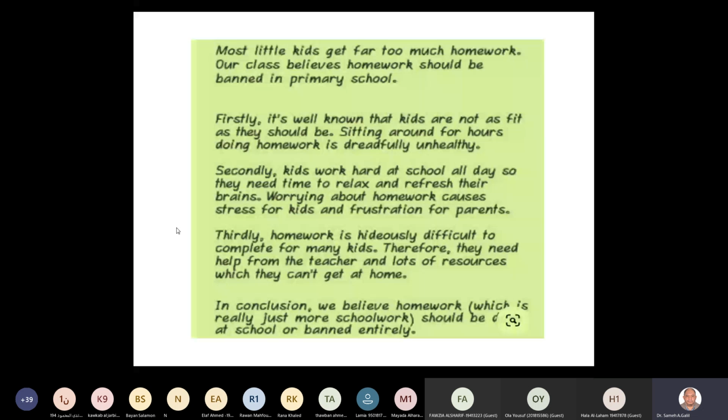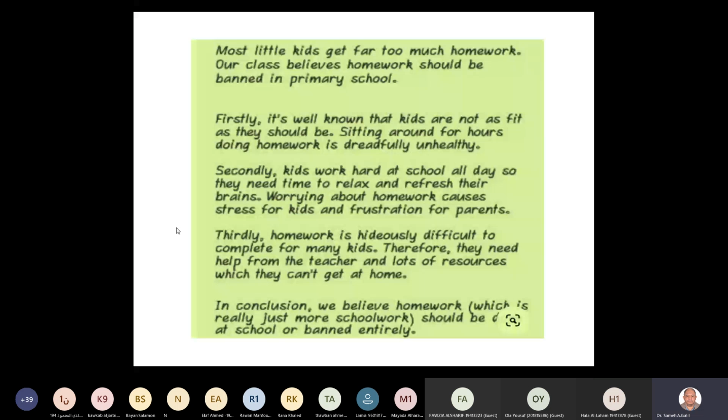But if it's written by somebody as old as me or even you, I think I will have to give a lesser mark, or not a very high mark.